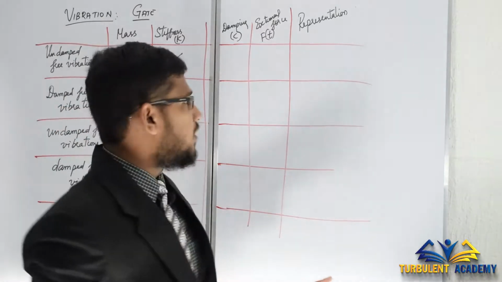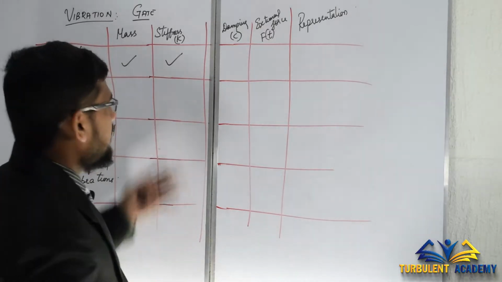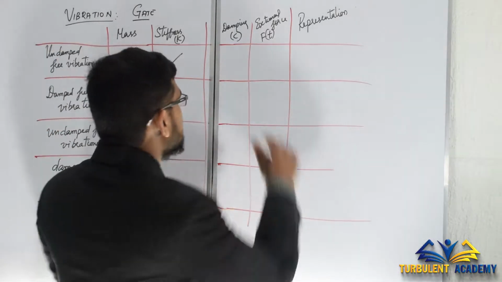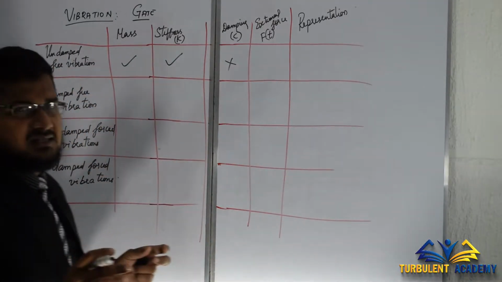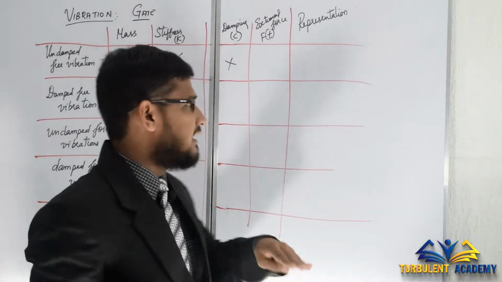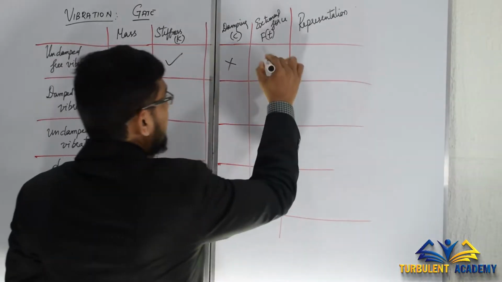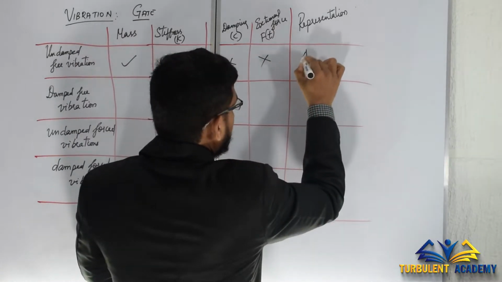We need these two for sure to have a vibration system. As I said earlier, since it's undamped, we don't have damping at all. Then it's free vibration, it oscillates on its own, nobody applies an external force, so we don't have an external force at all.